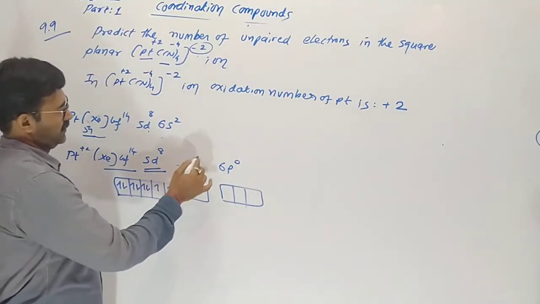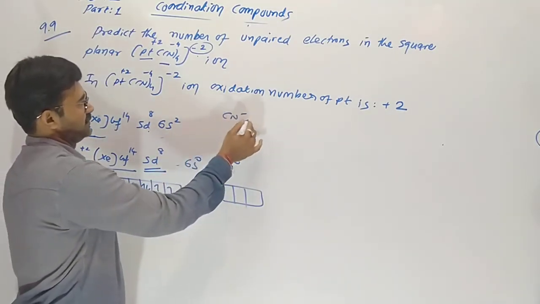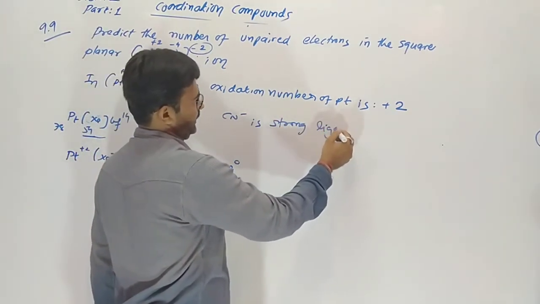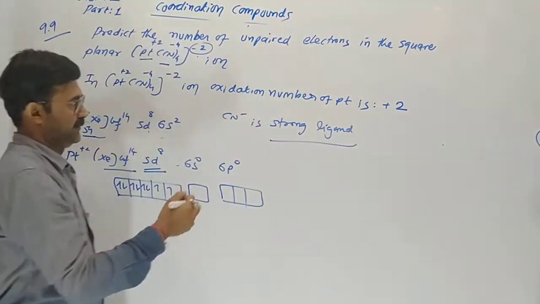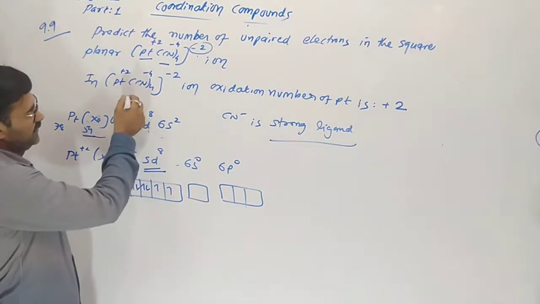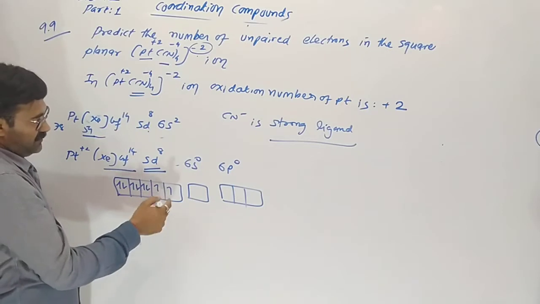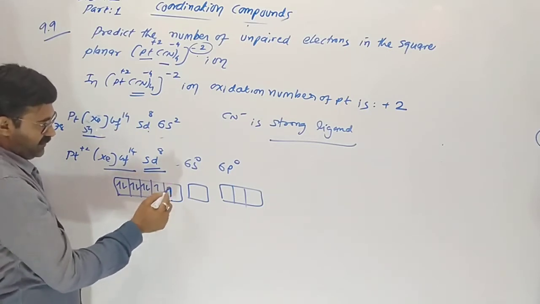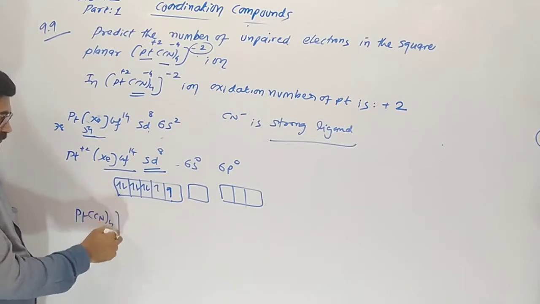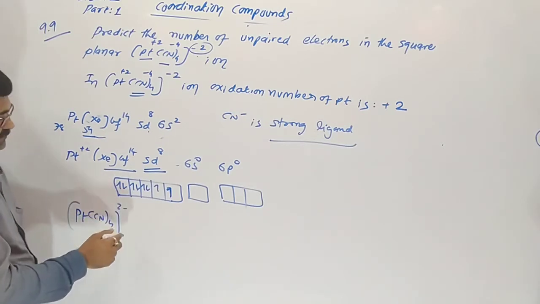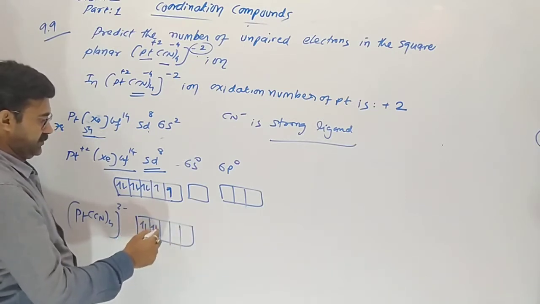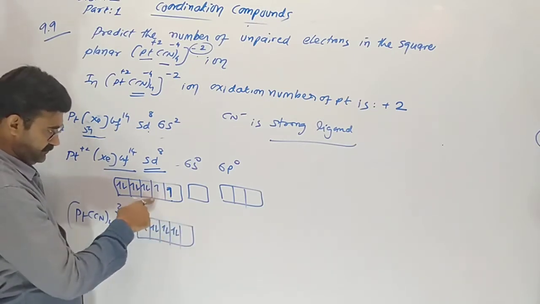Here is a strong ligand. Cyanide is a strong ligand which is capable to rearrange. So what happens there? Actually, one d orbital should be vacant. In Pt(CN)4 2-, this last one moves here.